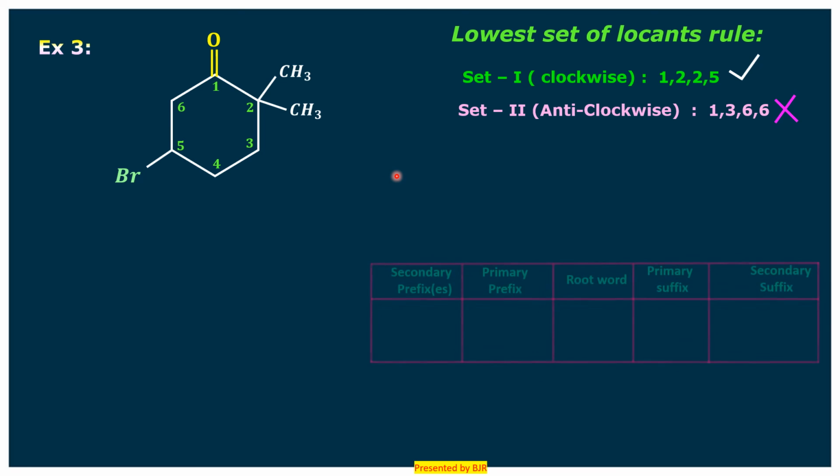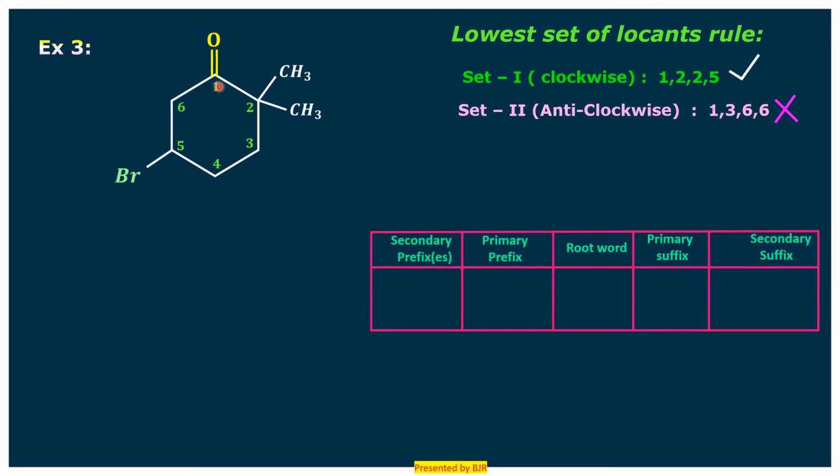Now, root word: 6 carbon atoms are there, so it is hex. Primary suffix is ane. Primary prefix is cyclo. Next, secondary suffix is one. Okay, ketone functional group is there, so it is one. And secondary prefixes are bromo and methyl.